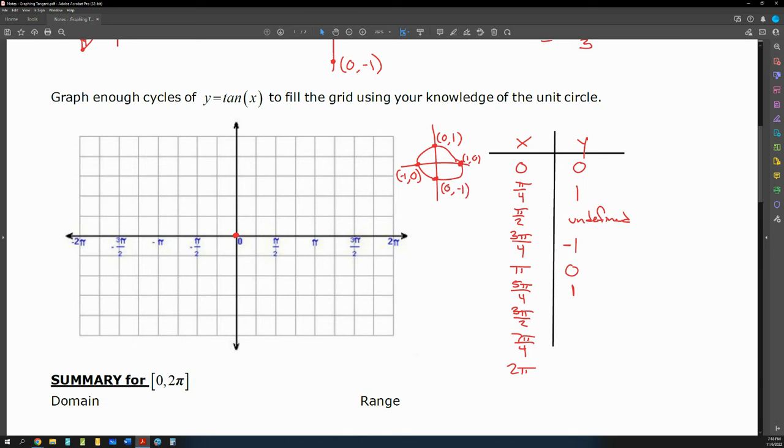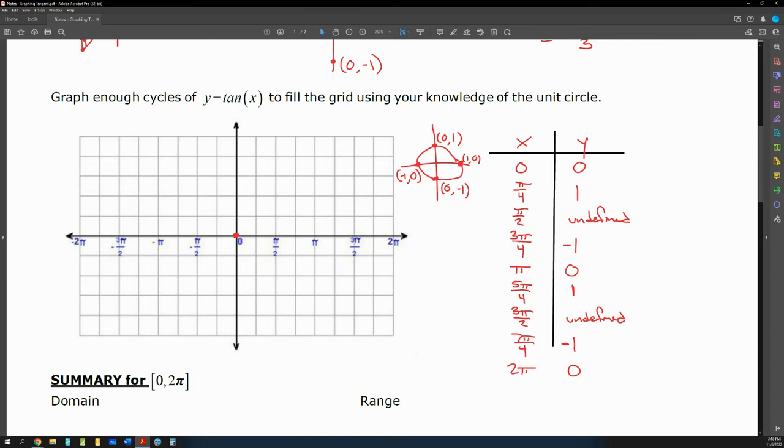So then we have negative 1 over 0, which is undefined. We have 7 pi fourths, which is that 1. That's our special right triangle, 45, 45, 90. In quadrant 4, however, the tangent is negative. And finally, at 2 pi, this is equal to the tangent of 0.